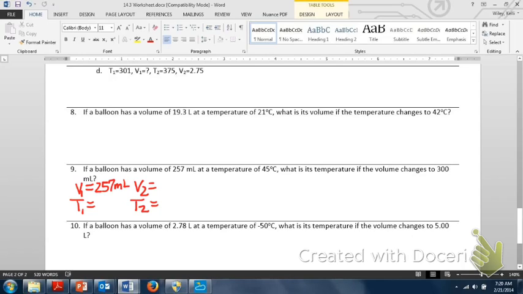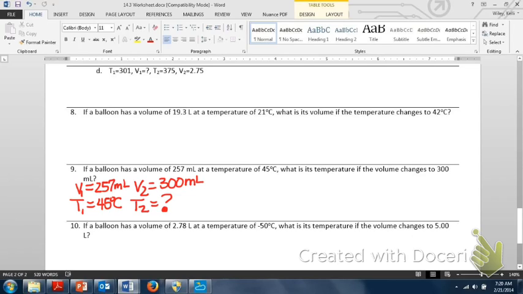And you can keep that as milliliters or you could change it to liters. It's completely up to you. It's just that your answer will be in milliliters or in liters, depending on what you use. Then they give you a temperature of 45, and then 300 milliliters. Find the new temperature.